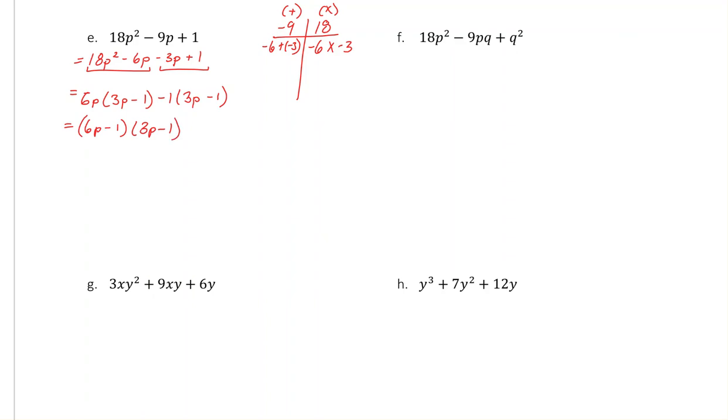Now, if you notice, problem E and F are similar in the sense that they have the same coefficients. However, there's a second variable involved in our problem. It's going to follow the exact same process, okay, but when we do that first step of decomposition and splitting that middle term, we have to include both variables in those two pieces, or those magic numbers that we're using, and this is what that would look like.